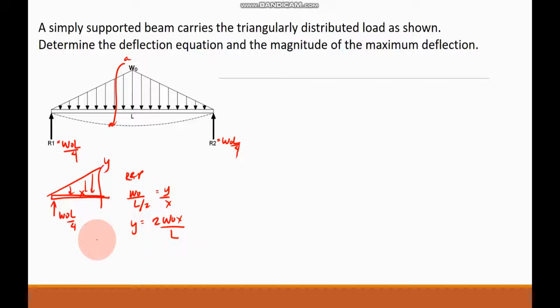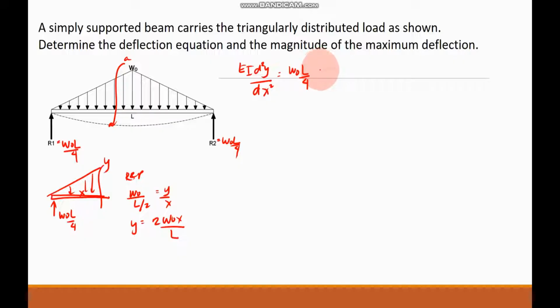Yan. So, pwede natin kunin yung ating moment equation. So, we have here EI d squared y over dx squared, the second derivative of Y with respect to X. So, we have WL all over 4.